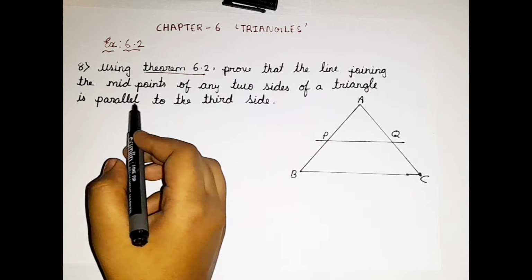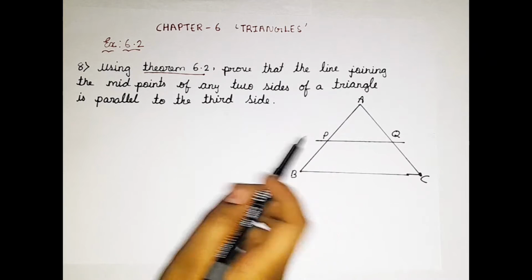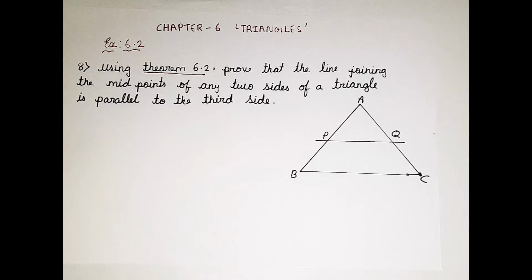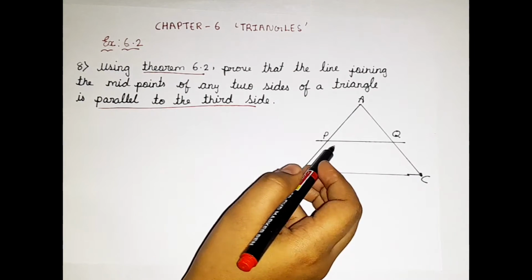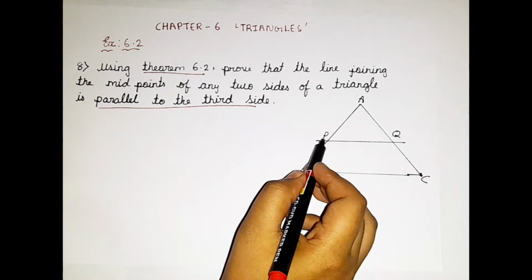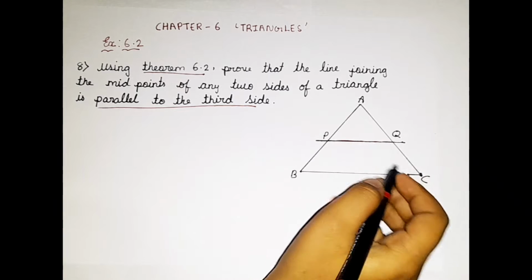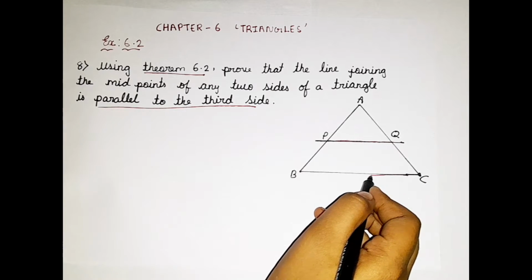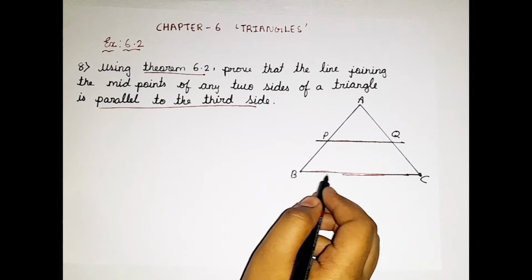So we are supposed to prove that this line is parallel to the third side, that is BC. So we are supposed to prove PQ is parallel to BC.